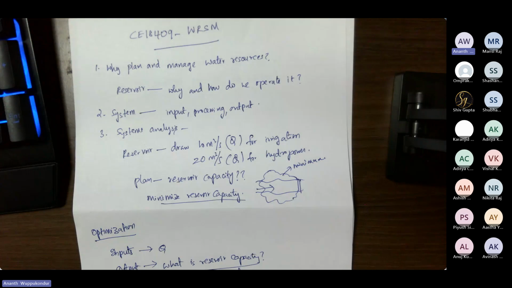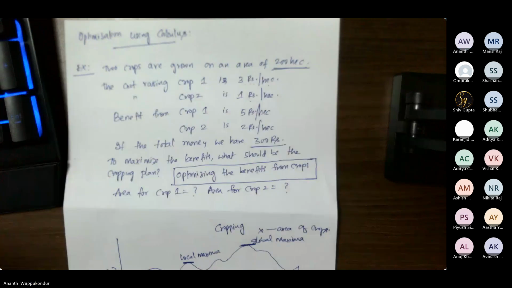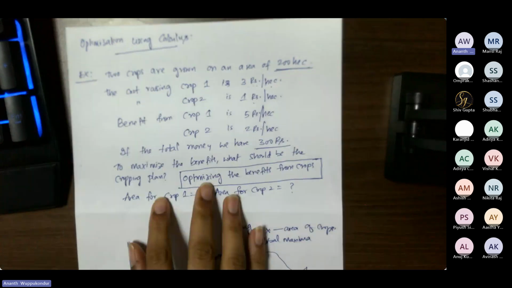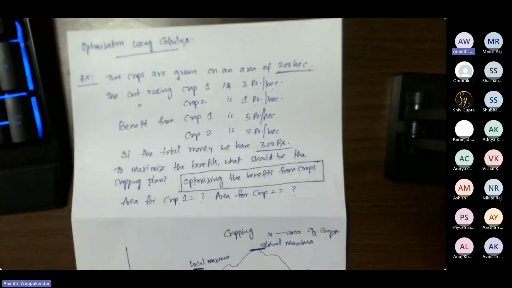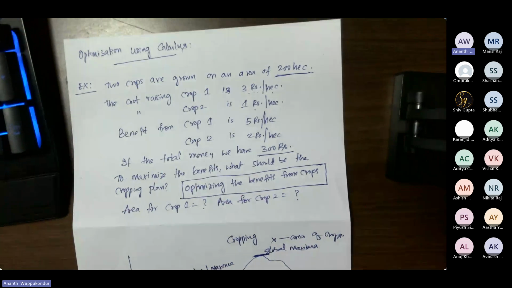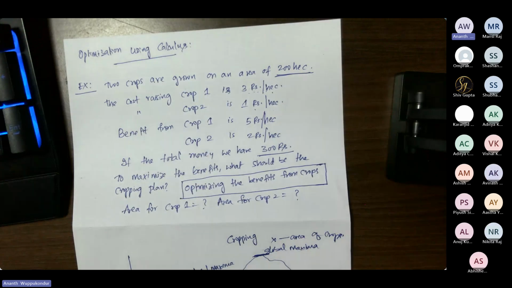So in this scenario, for example, we are looking at a particular example where we are interested to calculate the area of the crops required so that the benefit that we get from the crops is maximum. We have been talking about this example for the past few lectures. Just to recap, we have two crops, crop 1 and crop 2.